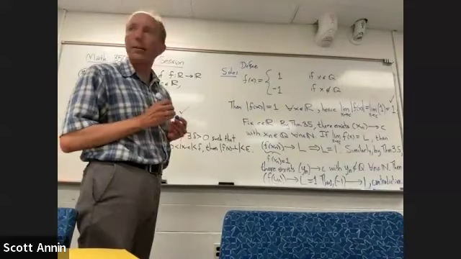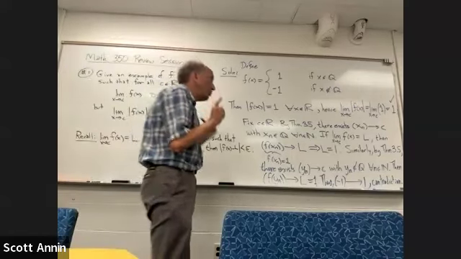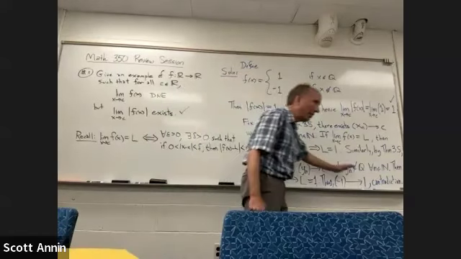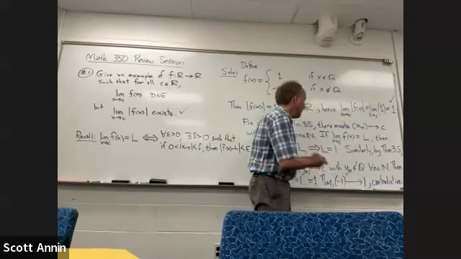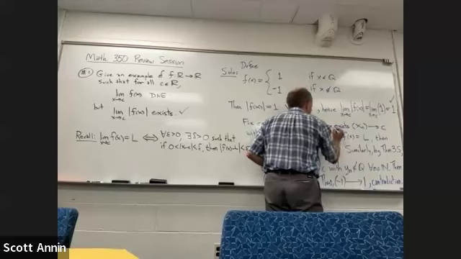Does everybody understand? The idea here is to create two sequences, one consisting of rational numbers and another consisting of irrational numbers. If this limit existed, this is where your by way of contradiction starts.